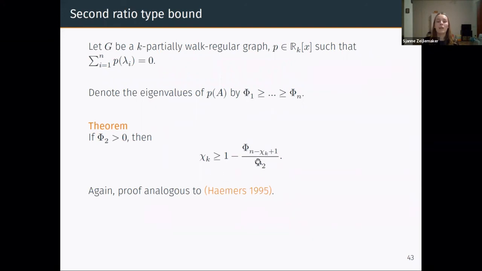So we see in this case, it appears in two places. So you can imagine that optimization in this case is not really doable, but it's still a good bound to check theoretically whether certain values of Hk are possible. And again, the proof is very similar to that of the original ratio bound. So what we're essentially doing is interlacing with a specific type of quotient matrix.